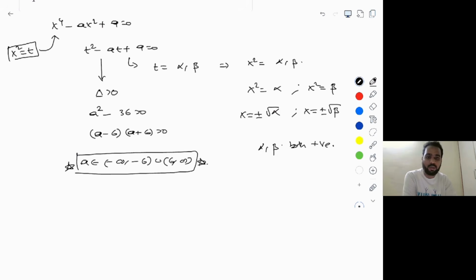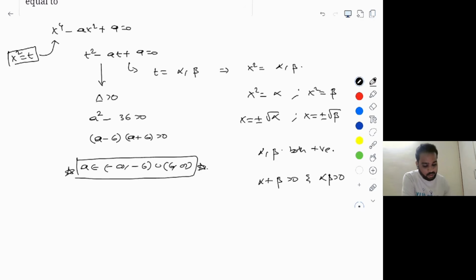Now we know one simple logic, right? If two numbers are positive, the sum of them is positive and the product of them is also positive. So what I'll do is simply alpha + beta greater than zero and also alpha into beta greater than zero. What is alpha + beta for this quadratic polynomial in terms of t? The sum of the roots will be equal to a, so a greater than 0.